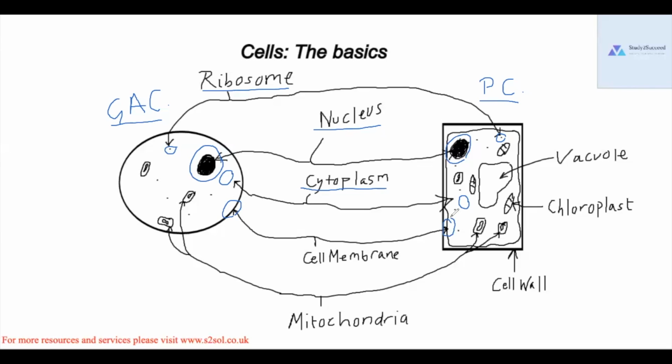Now, the cell membrane is a fluid structure, and it is able to allow substances in and out of the cell in the generic animal cell and the plant cell. And so it is incredibly important for allowing which substances can enter the cell and which substances can leave the cell. It also has a role in containing all of the organelles inside of the cell.